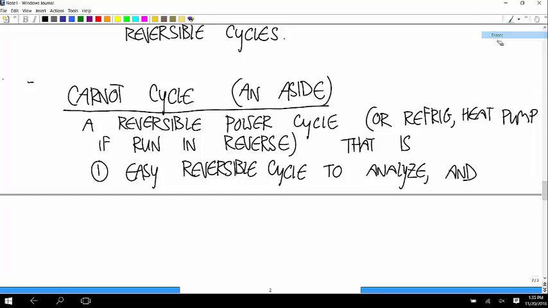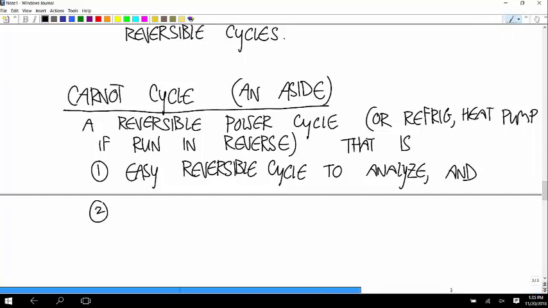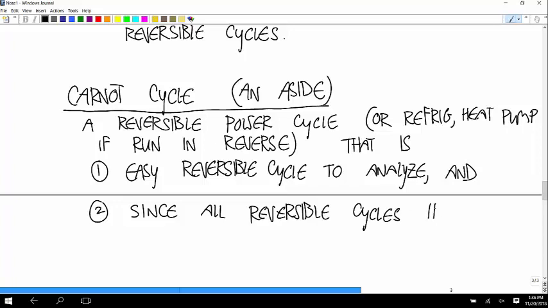And maybe this is implied by the thought process I've been following, but we only have to be able to do calculations for one type of reversible cycle because they're all the same. So since all reversible cycles have the same performance, we only need to analyze one.